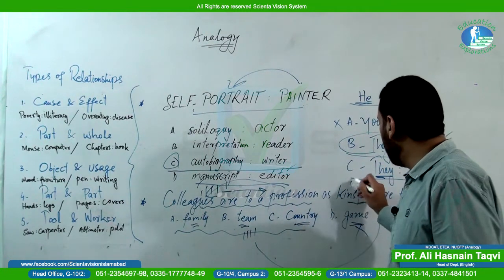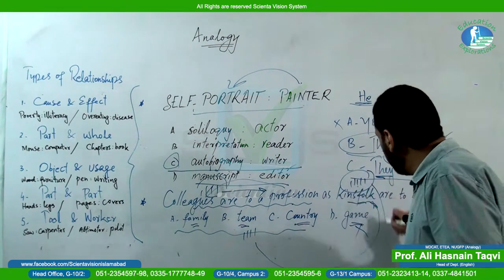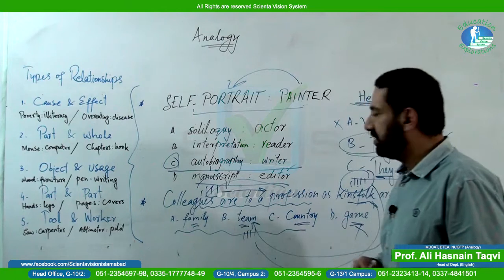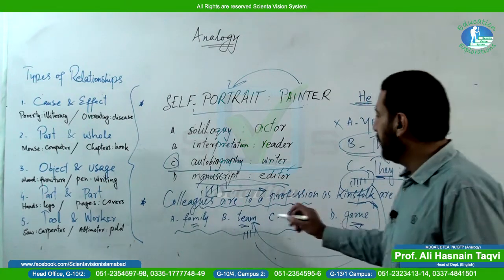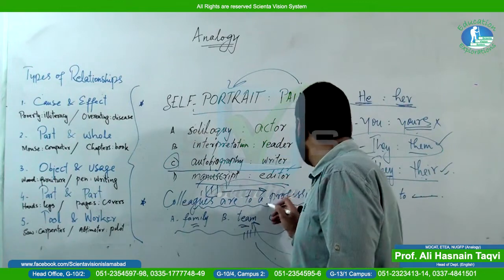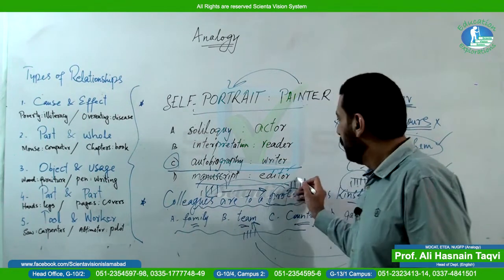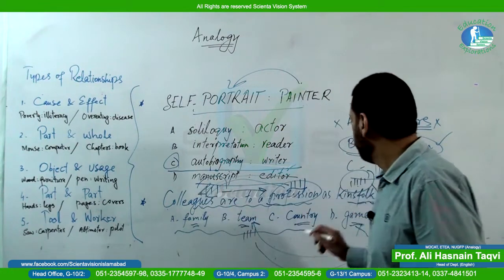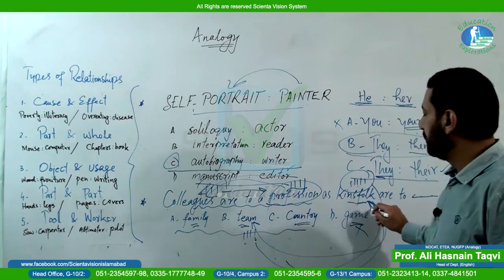Kinsfolk have individuals in them. Does the collection of that have this title, team? Obviously not. Whereas in any profession, members therein are called colleagues. In any team, members therein are not called kinsfolk.